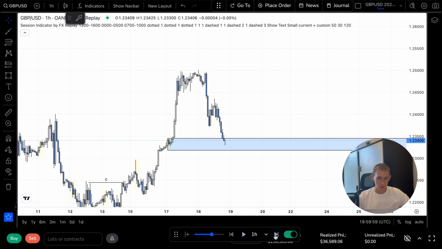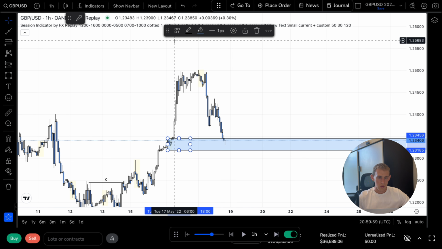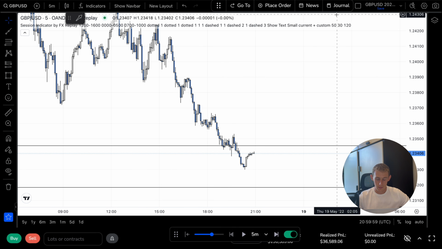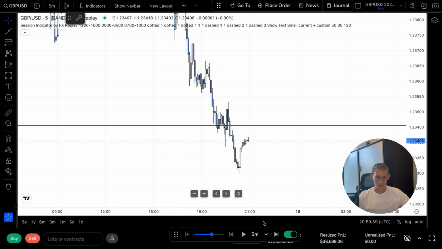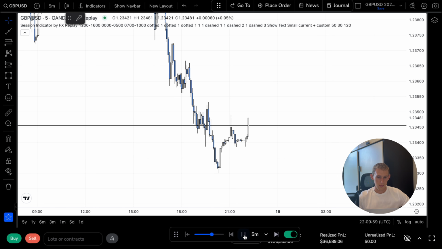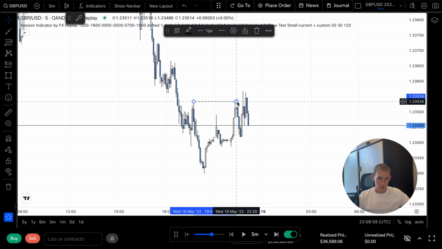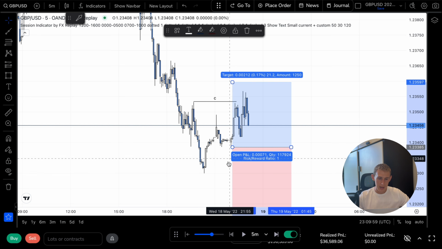Alright, so price has retraced down into it. Let's see, M5 time frame. Cool, we have our change of character just there. Price created an area of imbalance down here. So I'm entering on the whole imbalance here.